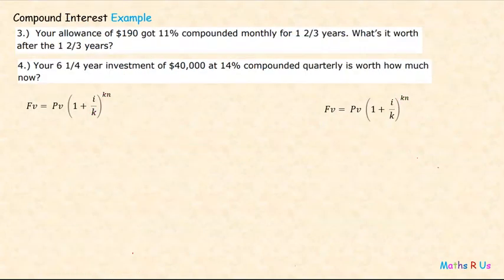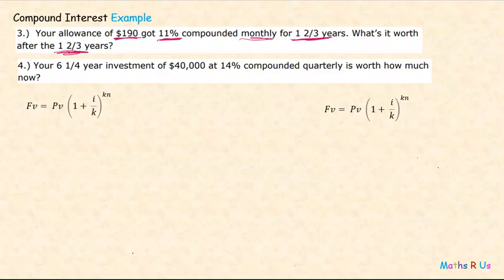Let's have a look at question 3. Your allowance is $190 at 11% compounded monthly for 1 and 2 over 3 years. And what is your total amount back after 1 and 2 over 3 years? Same thing, put it back in the formula.